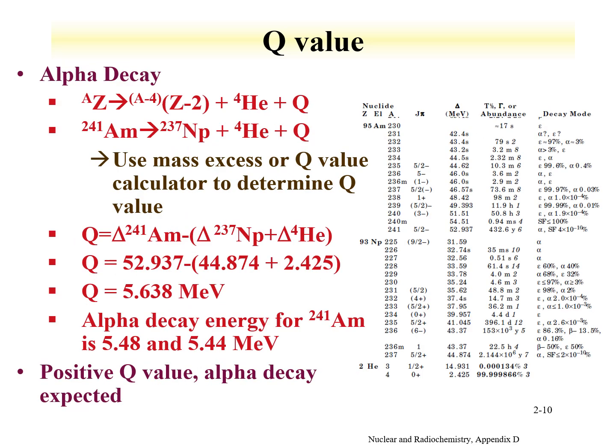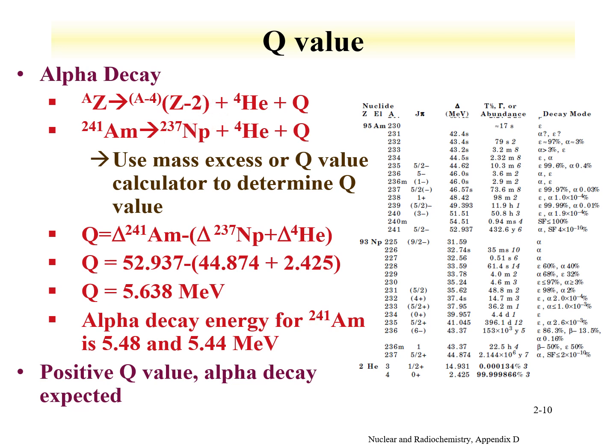We can do the Q value calculation for alpha decay, and this is shown here, where I have an isotope that decays and emits a helium nucleus. The progeny loses 2 neutrons and 2 protons, so the A is reduced by 4. The proton number is reduced by 2.